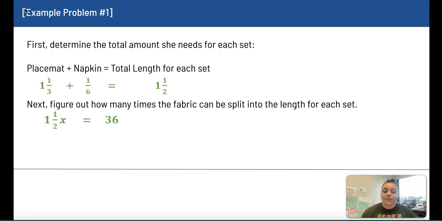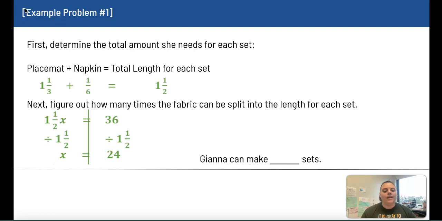So we do our inverse operation, opposite of dividing, to get rid of that 1 1/2. We're left with x equals 24. And we can check that we did that right by taking 1 1/2 times 24 and making sure that we got 36. So Gianna can make 24 sets. Make sure you have completed your notes for this first problem.